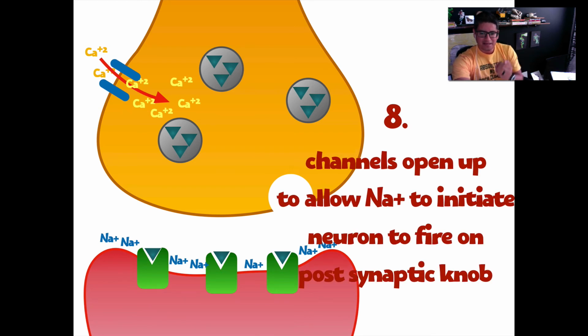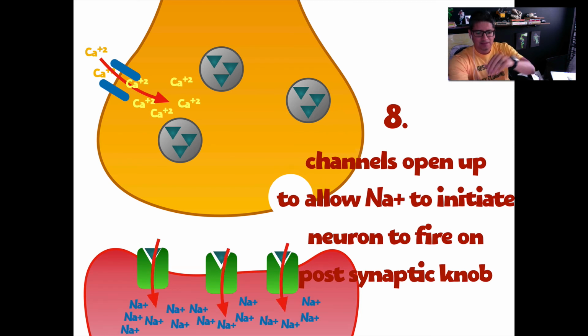As it binds to these channels, this will allow the sodium ions to initiate the neuron to fire on the postsynaptic side. When we say fire, as the acetylcholine binds, it allows sodium to go into the postsynaptic knob and flood the inside of that membrane.